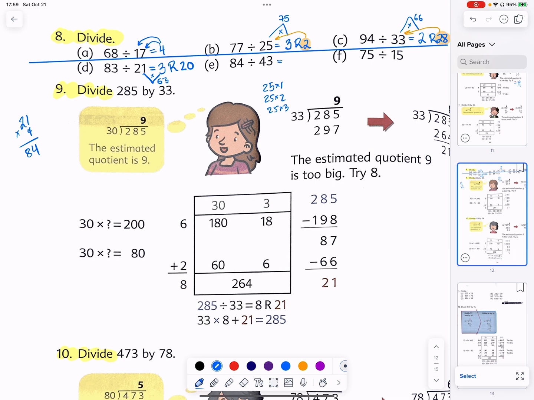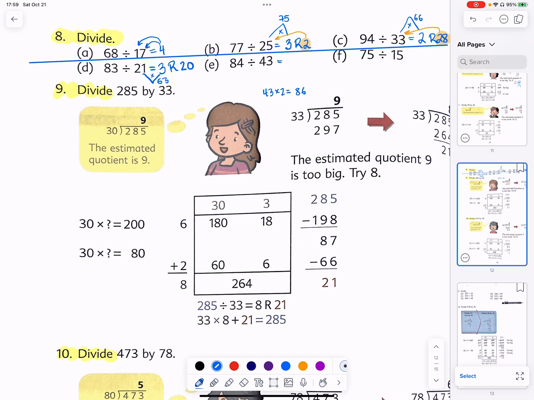Next question, E for Eddie. Let's erase my estimation. Let's go. How many times does 43 go into 84? Well, we know 43 times 2 is 86. But unfortunately, we don't have 86. We have only 84.